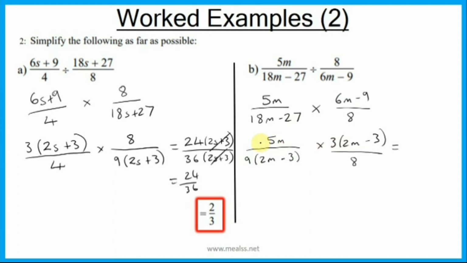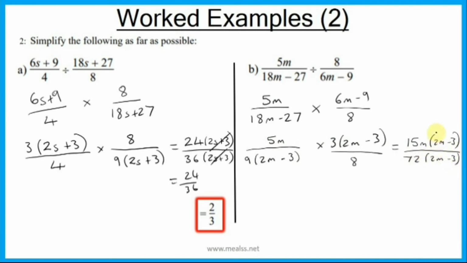Okay, now we can multiply straight across. So I told you everything outside the brackets multiplies together, and the brackets should be the same, so we leave them like that. So 5m times by 3 is going to be 15m, brackets 2m minus 3, and then we have 9 times by 8, which is 72, brackets 2m minus 3.